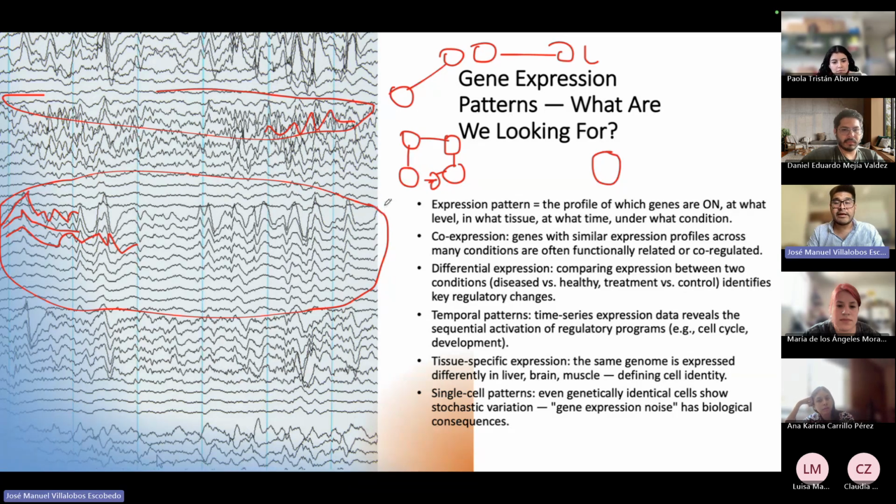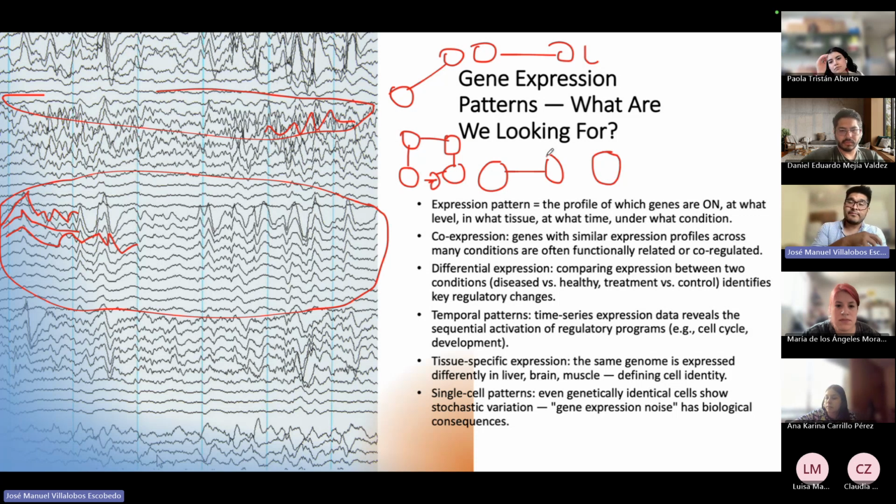And at the end, using the pattern of expression, we can build our networks with many connections. In this kind of network, some things are super important, like if some of the genes are transcription factors, or if some of the genes come from different organelles.